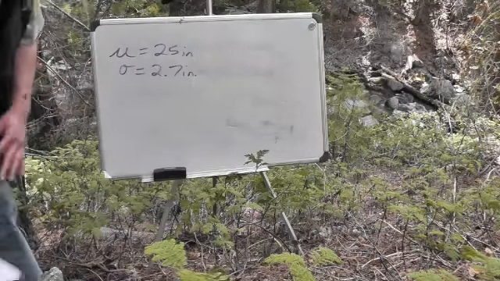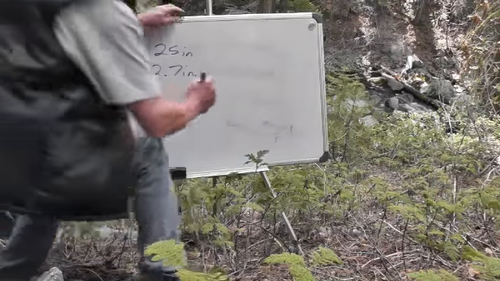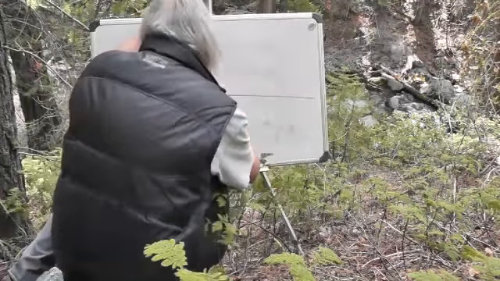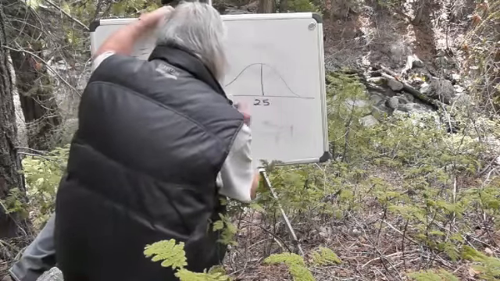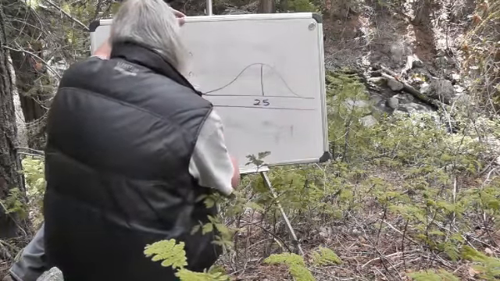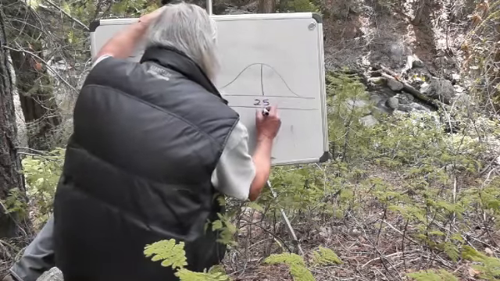So let's basically draw the bell curve. And then in the center of the bell curve, we're going to have that 25 inches. And we have two axes going on here.